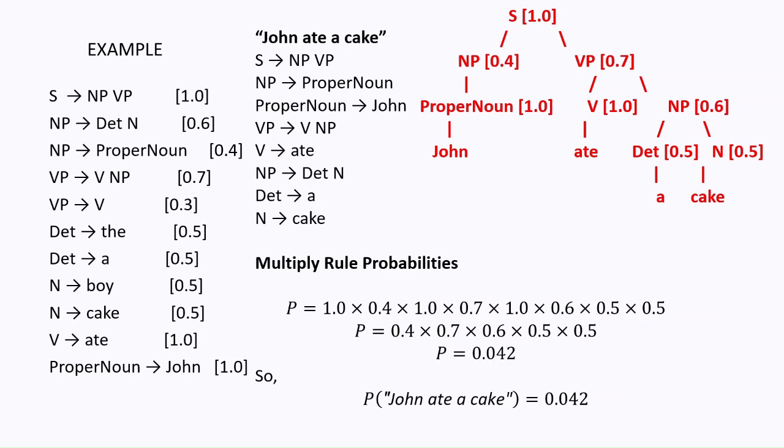Once you assign them, you multiply the rule probabilities: 1.0 times 0.4 times 1 times 0.7 times 1 times 0.6 times 0.5 and 0.5. So you get a probability of 0.02. If this sentence is ambiguous, then there will be another parse tree, and for that you will multiply and find out the probability value. Whichever probability is higher, that is the proper tree which you can take for the next step. Okay, so this is PCFG.